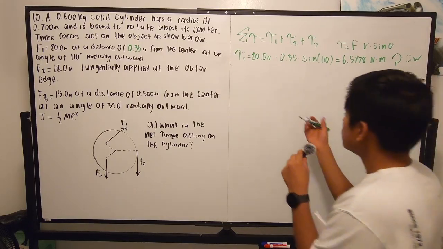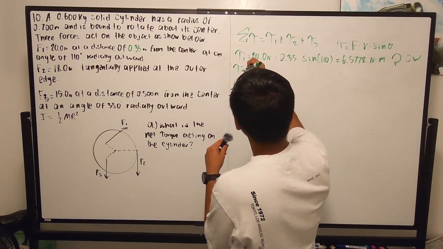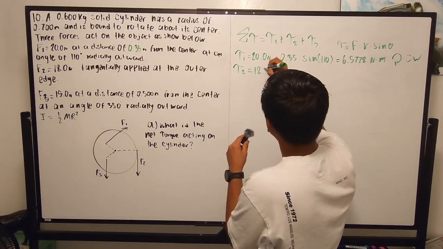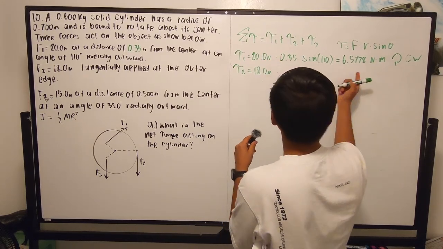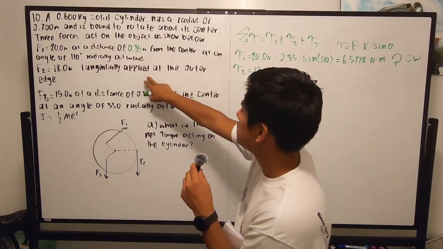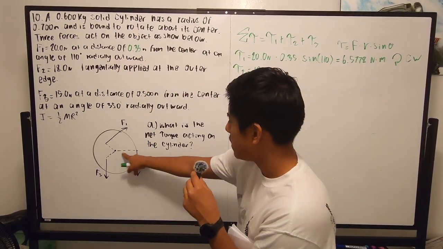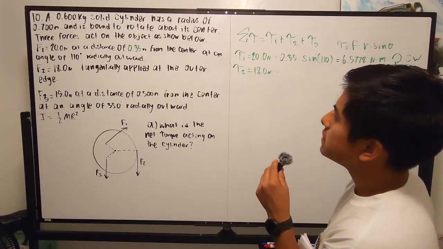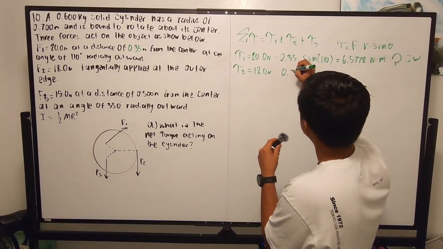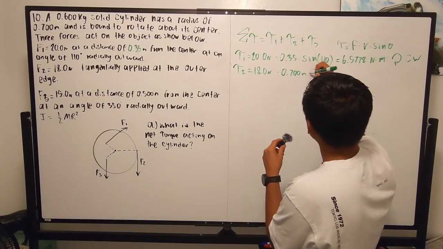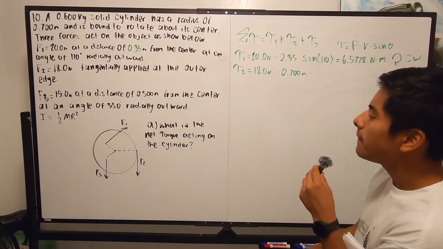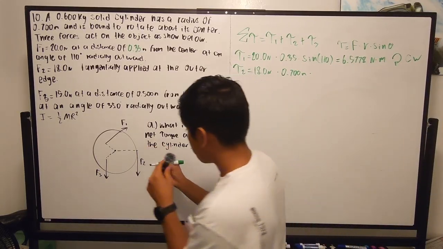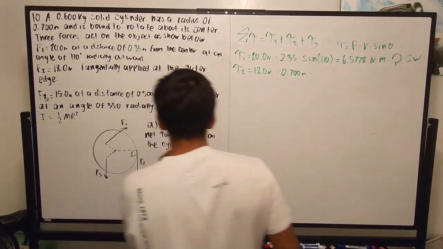And then for torque 2, same thing. Now we have 18 newtons multiplied by the radius, which in this case, it tells us that it's applied at the outer edge, which is right here. So it's just going to be the radius of the cylinder, which is 0.7, multiplied by the sine of that angle. This makes an angle of 90 degrees, like that.